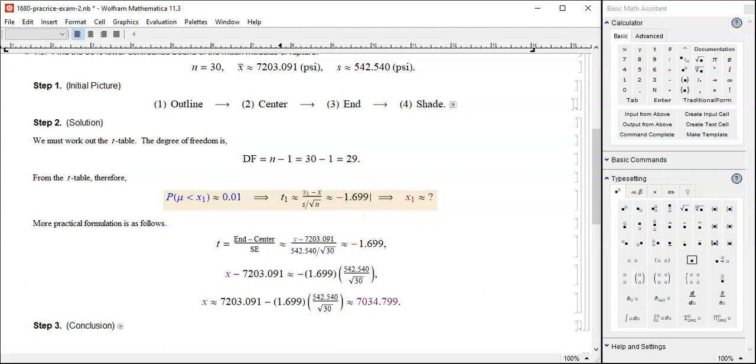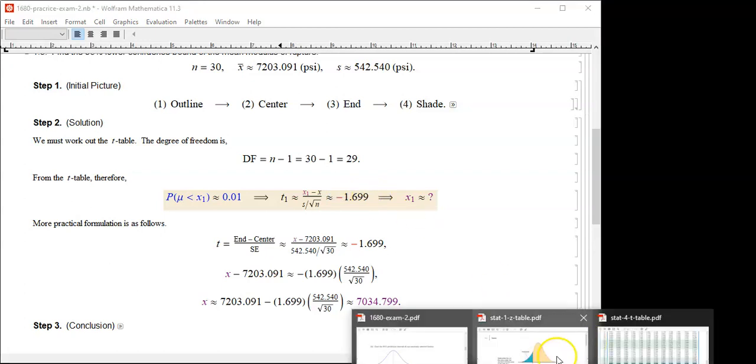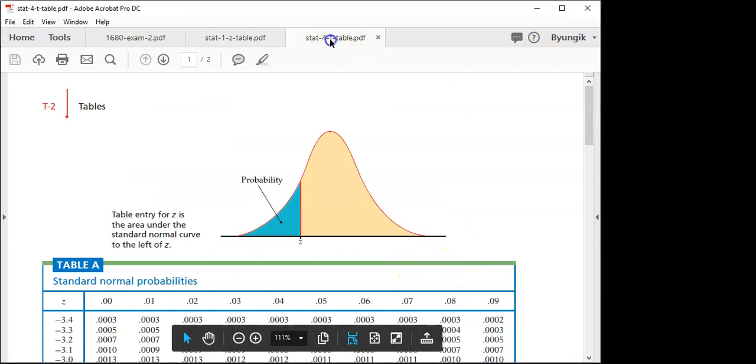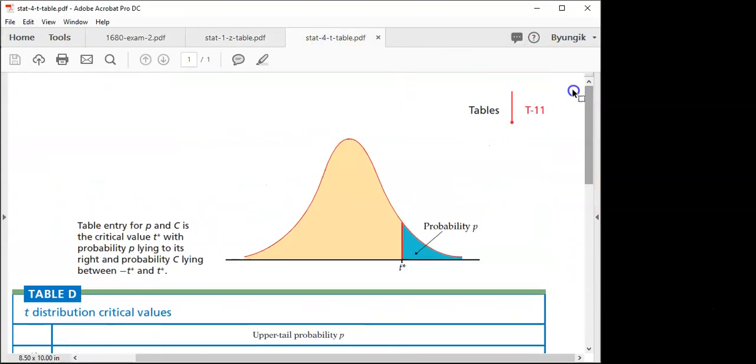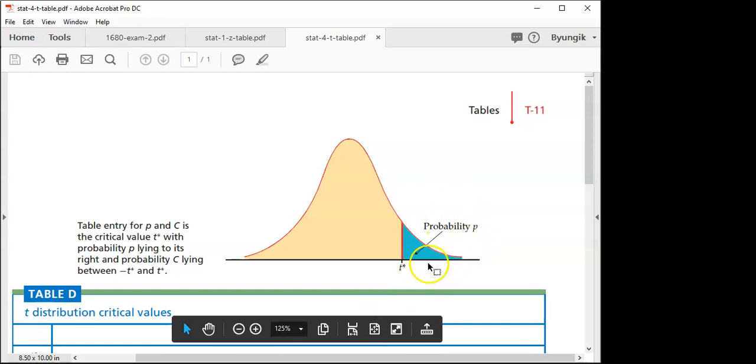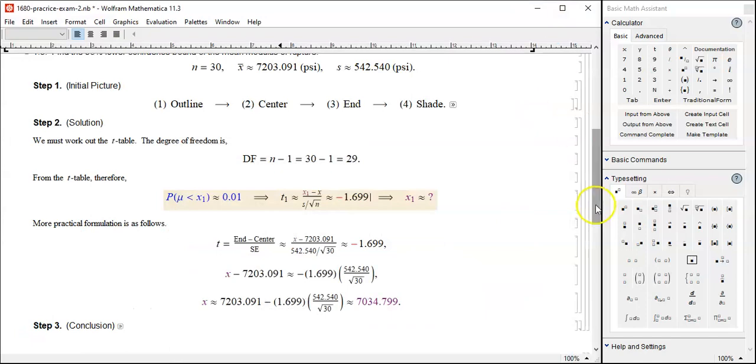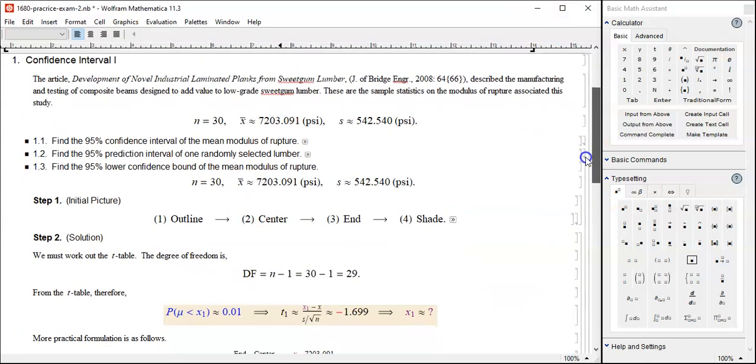Let's go back to the t-table again. Sorry, this is a t-table. All these numbers you saw are on the right hand side. This is the center, 0, and then plus some t value, and then we have this blue part there. Now let's go to our problem here.